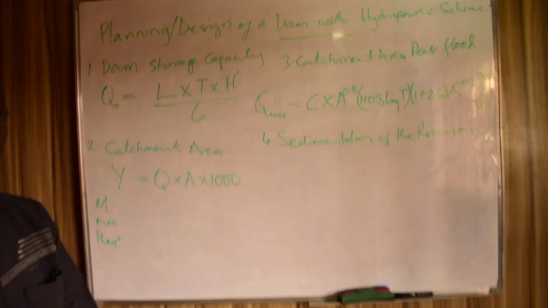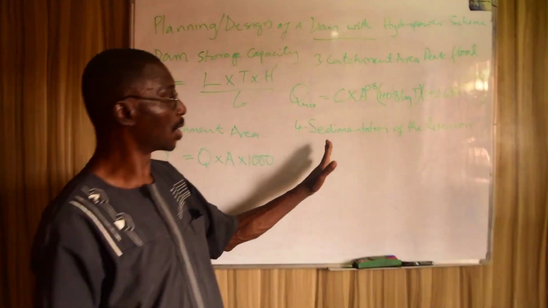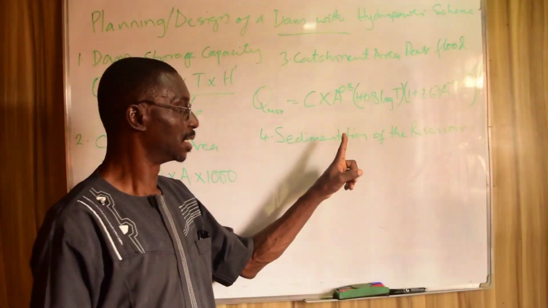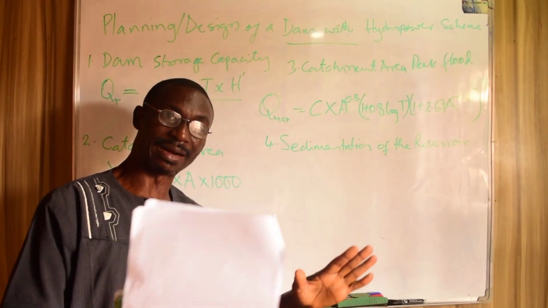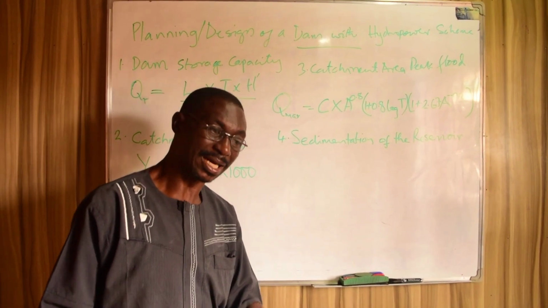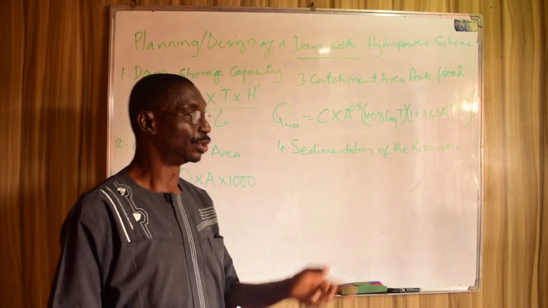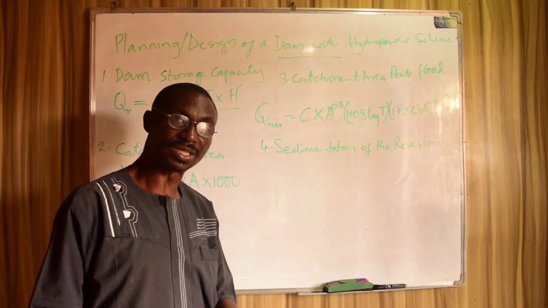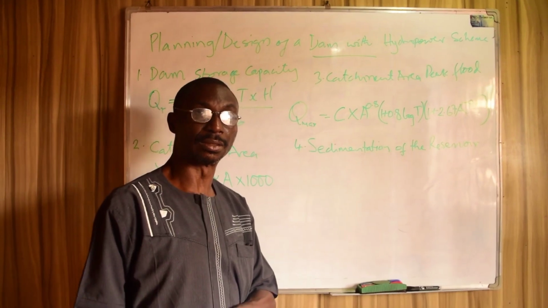You have to consider the sedimentation of the reservoir because it is very, very important. Sedimentation reduces the storage capacity. When the sand has covered the reservoir, the volume, the quantity of water, is reduced.